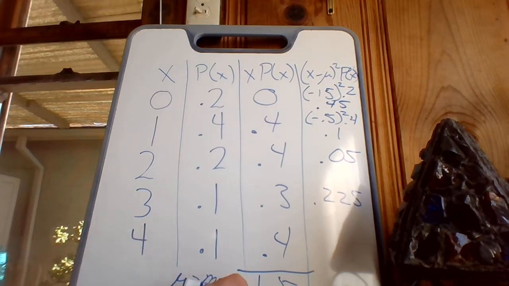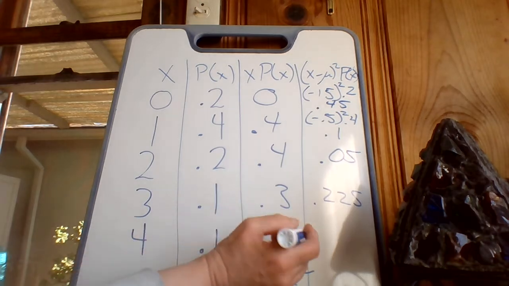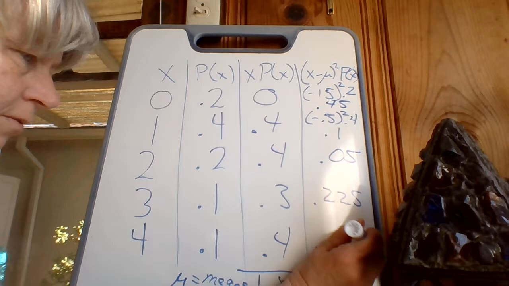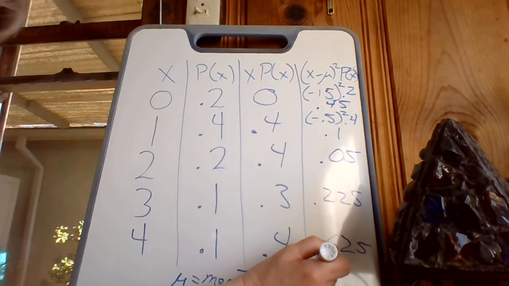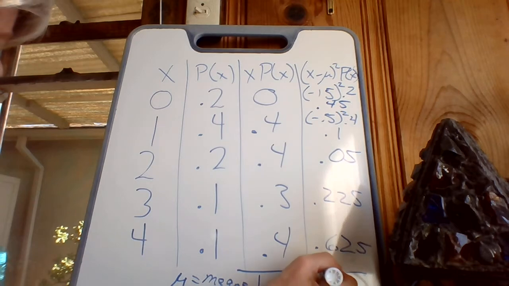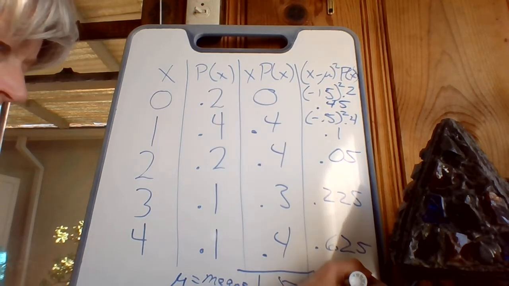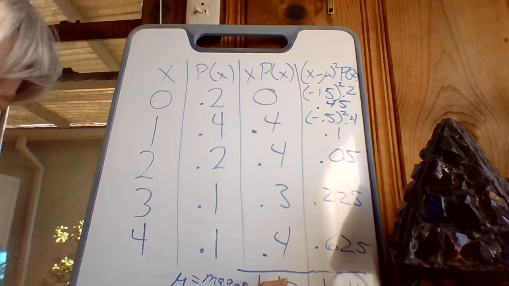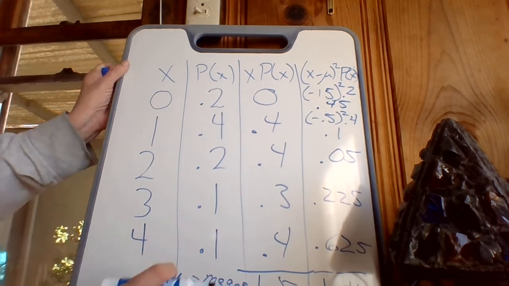And 4 minus 1.5 is 2.5 squared, is 6.25, times 0.1 is 0.625. You add up all of this, that's 1.45. 1.45 is the variance.